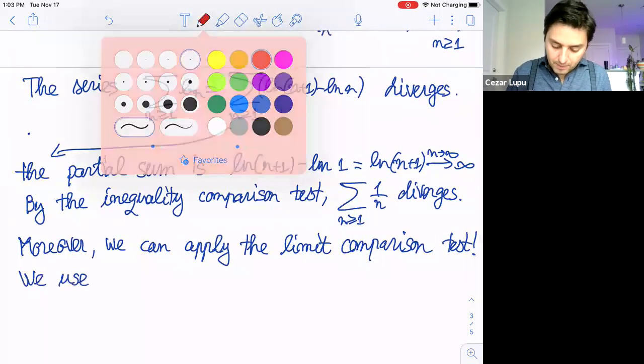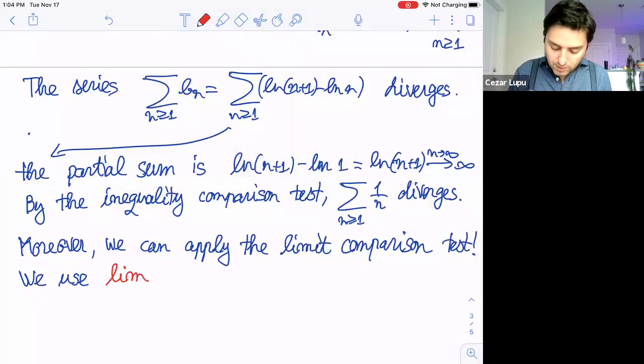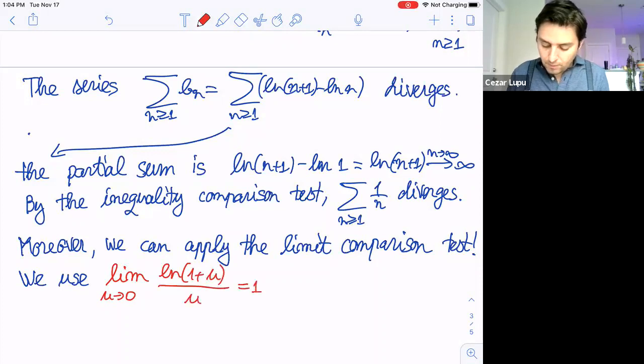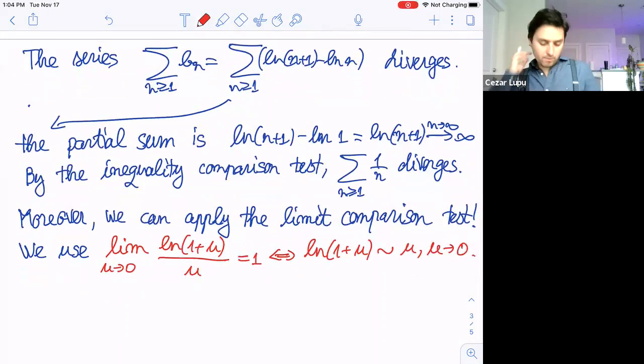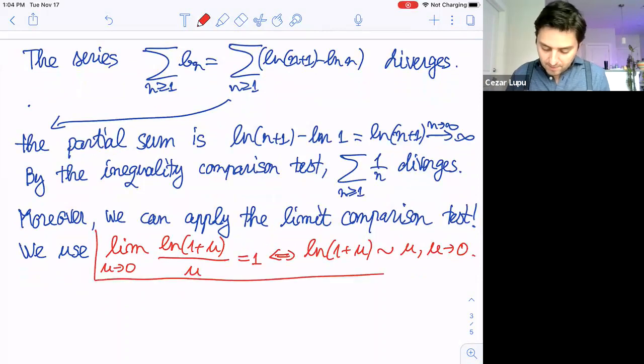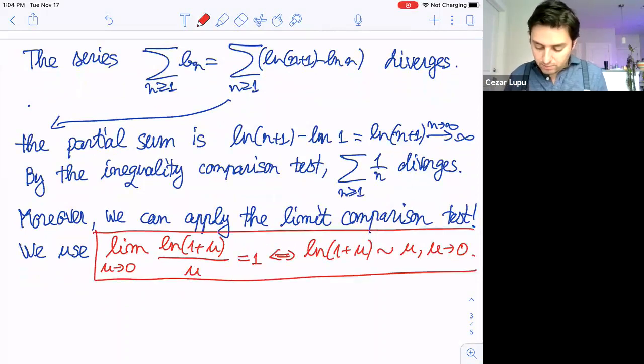We use that the limit as u approaches 0 of ln of 1 plus u over u is 1, right? Or equivalently, we can write this as ln of 1 plus u is similar to u as u approaches 0. Remember this? This is from Calculus 1, I believe.